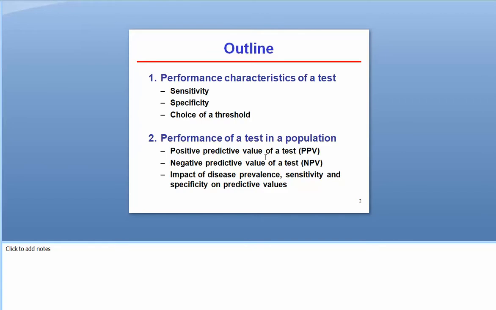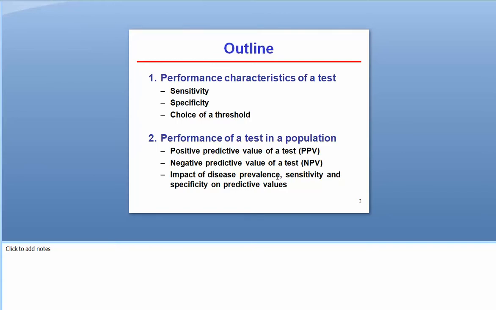For those, the measures will be positive predictive value, negative predictive value, and the disease prevalence. Of course, this does not talk about the performance of a test, but these are important things you need to understand when you talk about how a disease is spreading in a community.